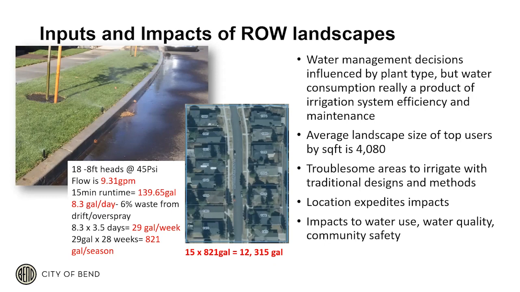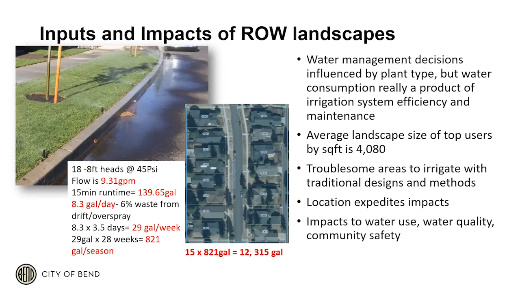And it's not just our large users. With that average square foot landscape, 4,080 feet, this is happening across the board through our residential areas and our development areas. And the reality is these are probably, and Molly can probably attest to this, the hardest areas to irrigate. You can have correct spacing, you can monitor pressure, and it's just a tough way to do it.